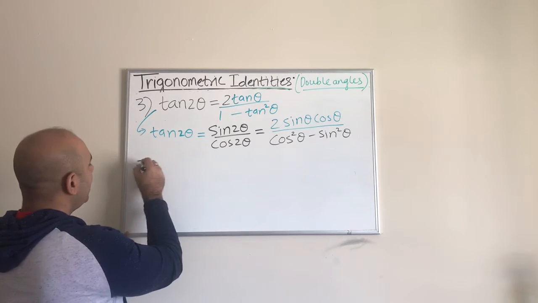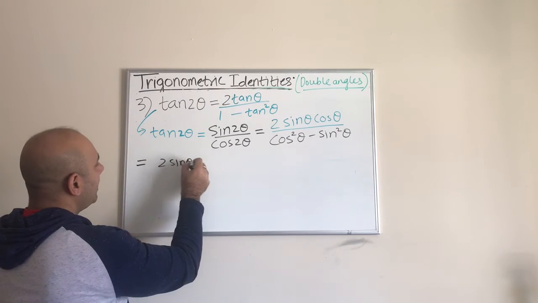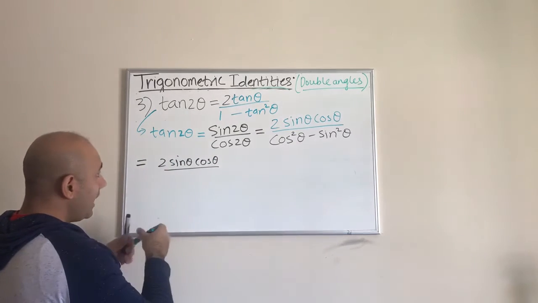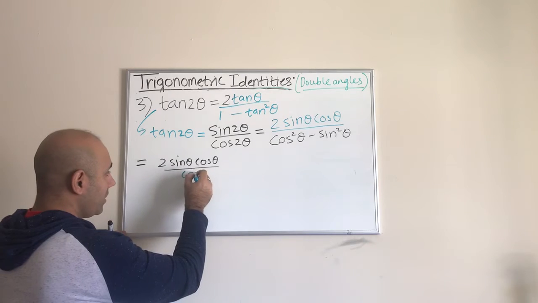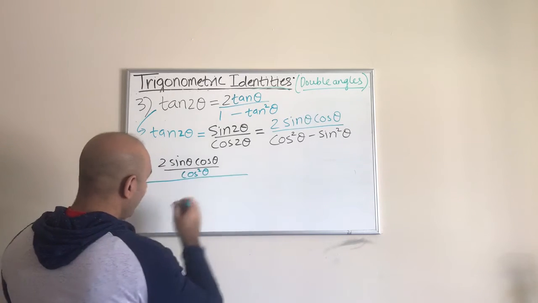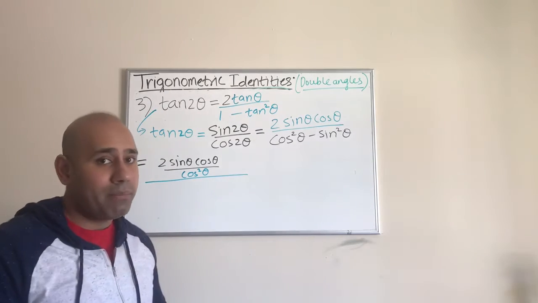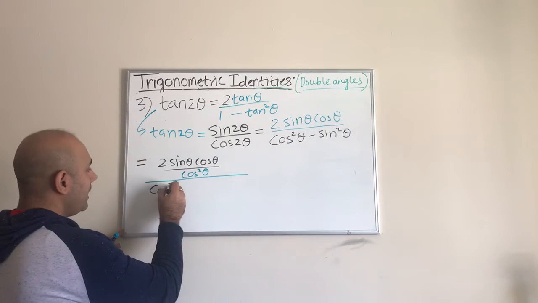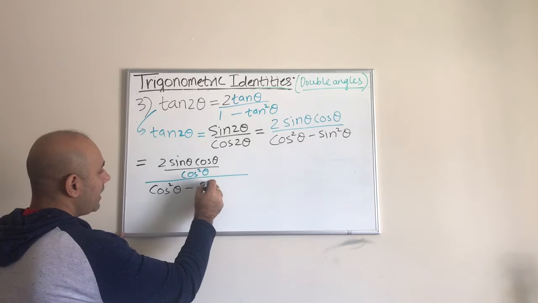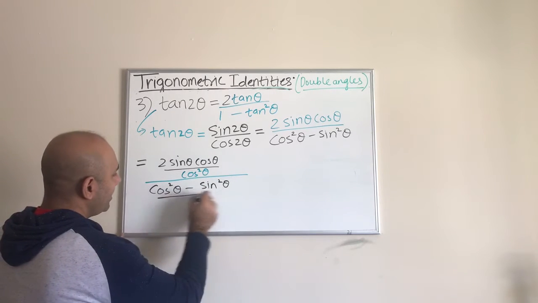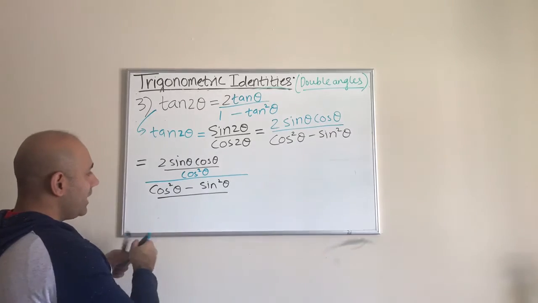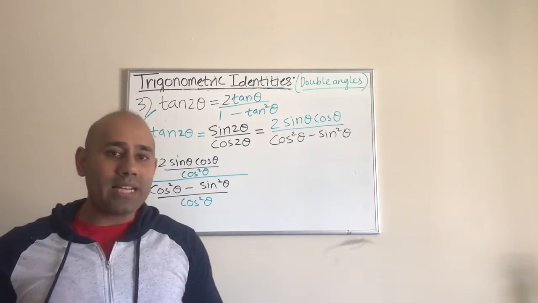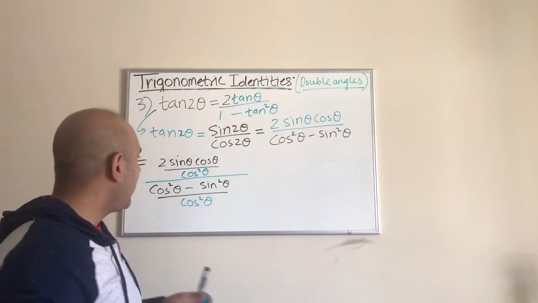So I start writing 2 sine theta cosine theta, and I'm dividing the numerator by cosine square theta, and then I have to divide the denominator by the same exact quantity as well. So let me first write the denominator, which is cosine square theta minus sine square theta, and I've got to divide this whole thing by cosine square theta as well. Whatever we do to the numerator, we've got to do the exact same thing to the denominator. So that's exactly what I did here.